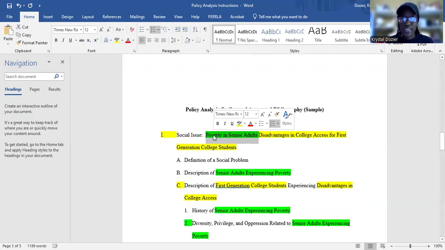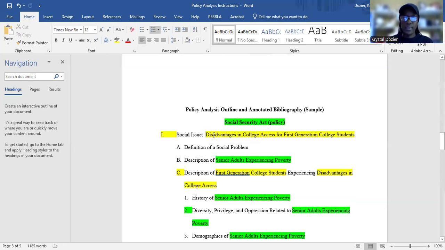I've changed this that's in green, right? And you also see that I shifted the language, because some of you may have long titles. Mine is a little bit long. First generation college student, that's a mouthful. That's my target population. Disadvantages in college access.